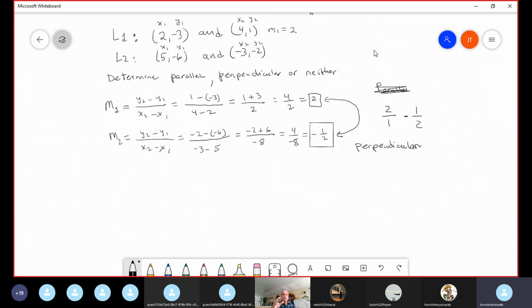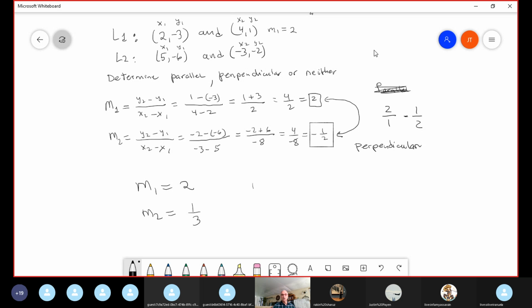When neither, it's not equal and not reciprocal with opposite sign. Suppose, for example, slope 1 is 2 and slope 2 is 1/3. They are a completely crazy relationship.